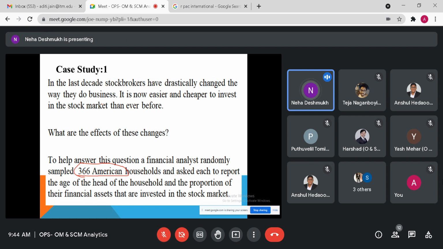Financial analysts randomly sampled 366 American households and asked each to report the age of the head of the household and the portion of financial assets that are invested in the stock market.